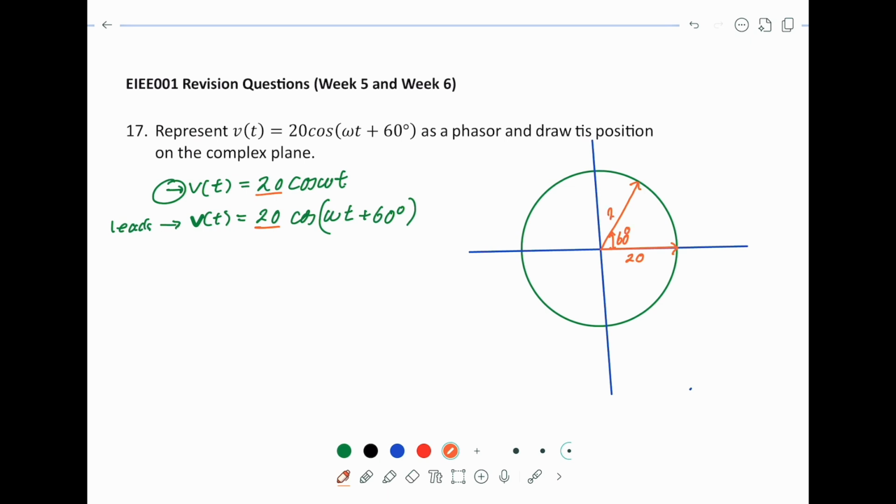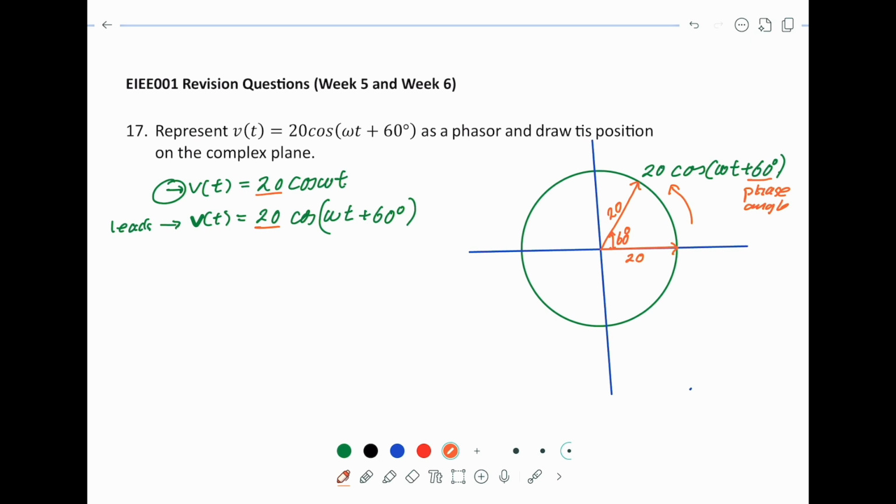This is the amplitude, and this represents 20 cosine omega t plus 60 degrees, and this is our phase angle. This angle is positive, so we rotate this vector anti-clockwise.